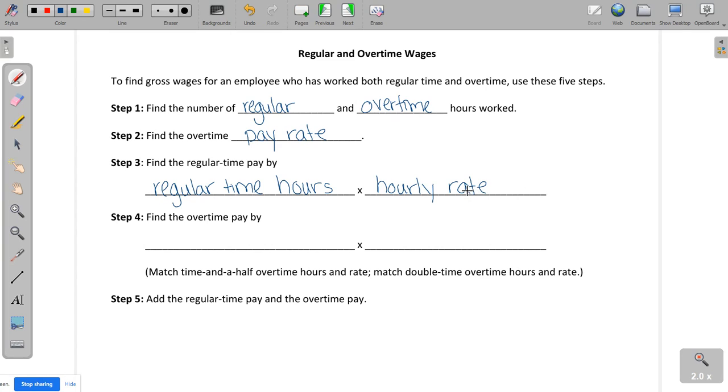Then we're going to find our overtime pay. So the total amount we're going to get paid just for our overtime hours. So we're going to take our overtime hours and multiply it by the overtime pay rate.